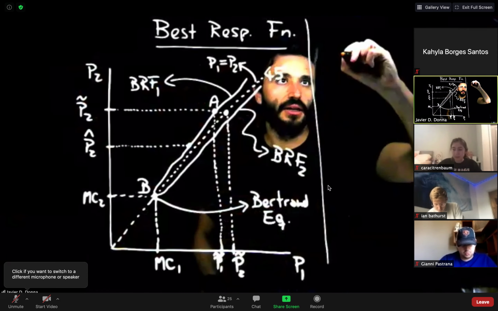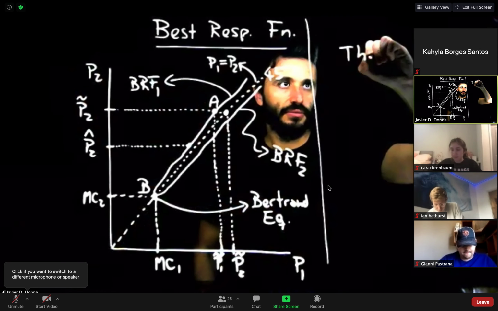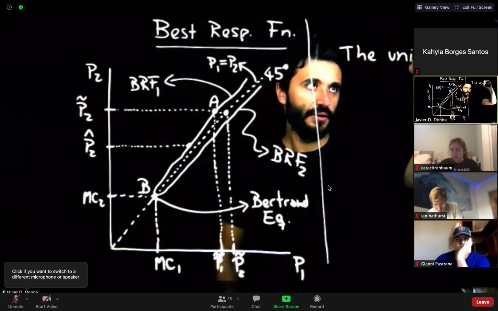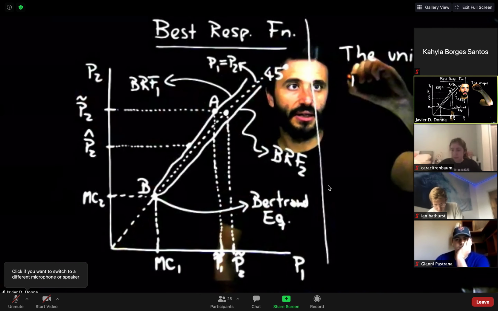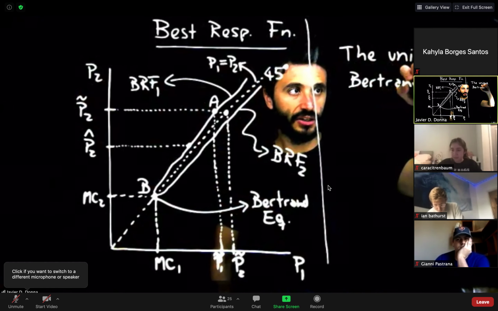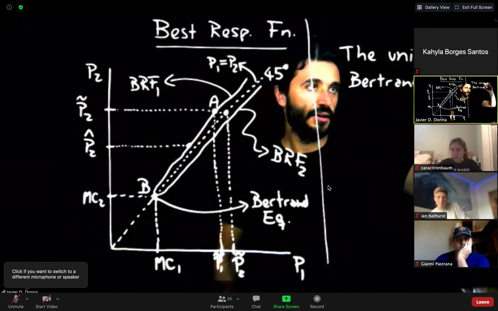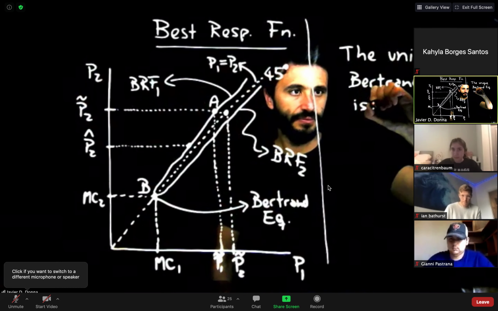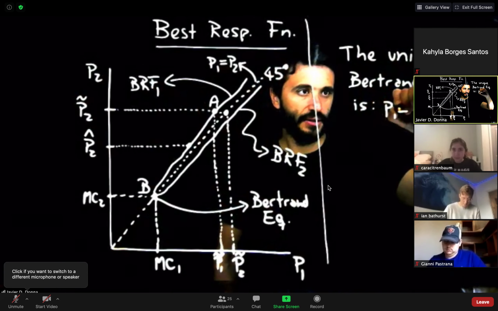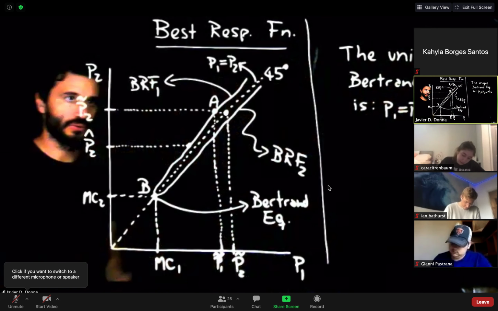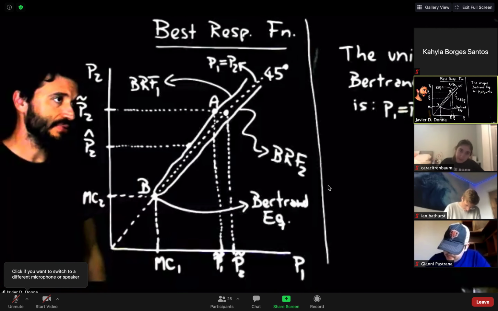So the unique Bertrand equilibrium, that is the Nash equilibrium of this Bertrand game, is price equal to marginal cost. The two marginal costs are the same, so marginal cost.